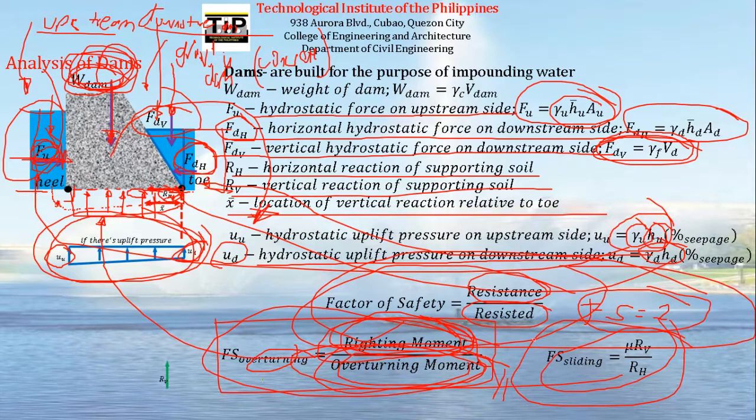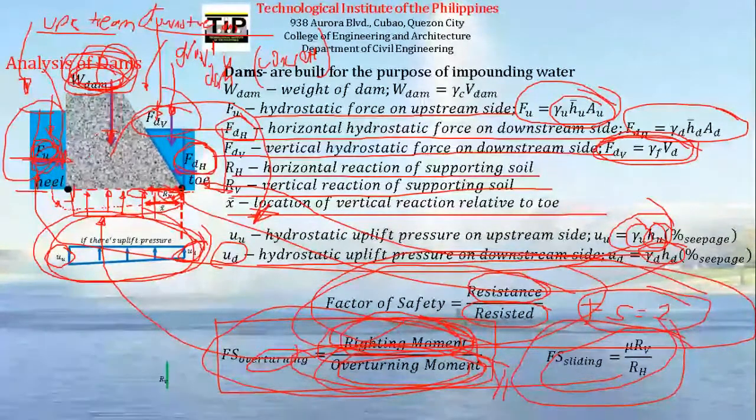And then we have another consideration. Not only overturning, we also have sliding. We do not want our dam to move due to the horizontal force of the reservoir. So we consider R sub B, the vertical reaction of the supporting soil, and multiply it by the coefficient of friction of the soil.